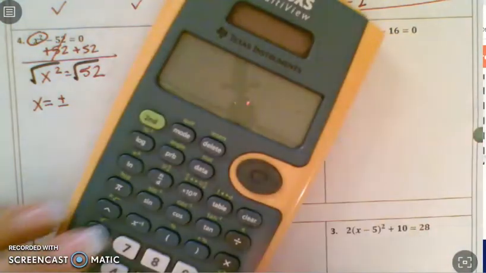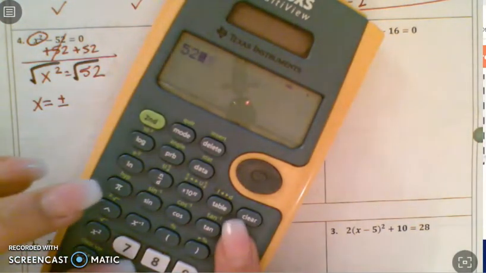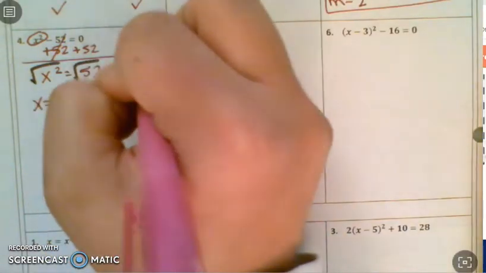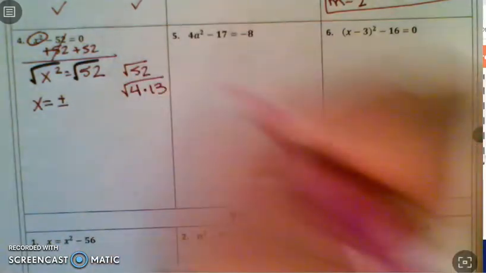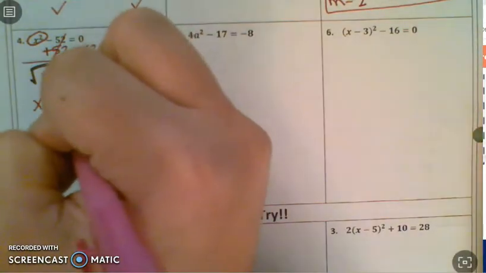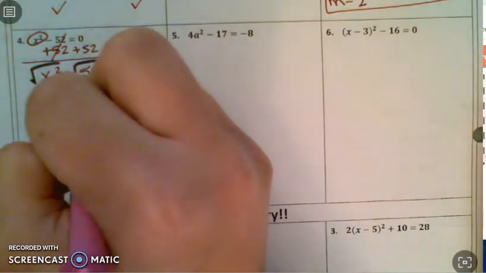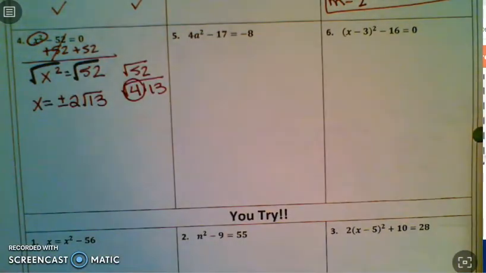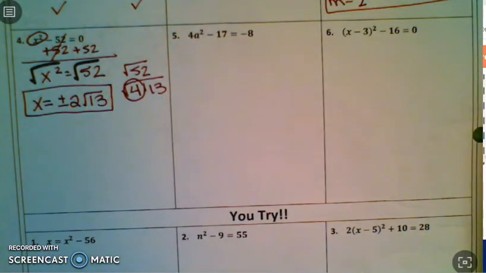Let's see, 52 divided by 4 is 13. Okay, so that means the square root of 52 is actually the square root of 4 times 13. So the square root of 4 is a 2, and we can't do anything with the 13, so it has to stay inside the radical, inside the house. So plus or minus 2 square root of 13.